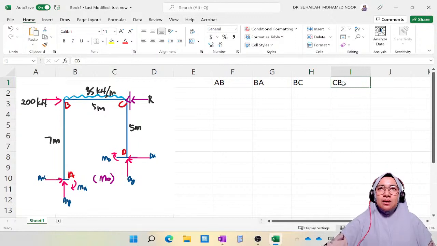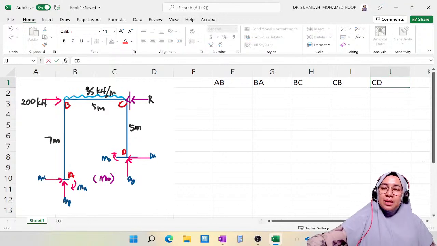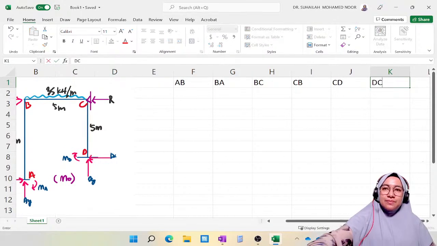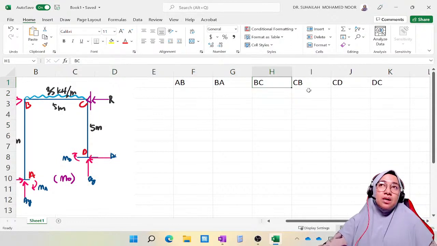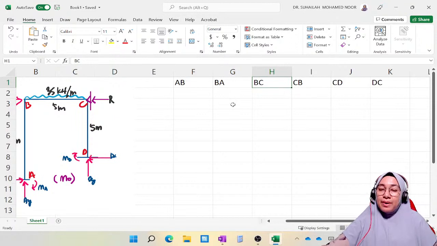And we have CD as well as DC. So six member ends, and we are going to analyze the six member end moments.